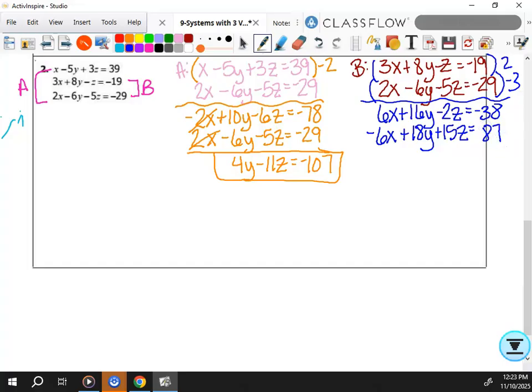A question mark on it. Okay. Everybody understand where everything's coming from, right? All right. So then these are going to zero out again. So I'm going to get 34y plus 13z equals 49.